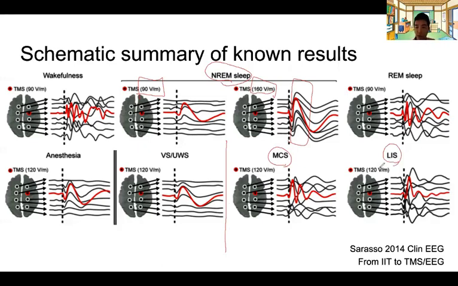Locked-in syndrome is the one I showed in the earlier videos; they are fully conscious but just cannot move, and they are almost like wakeful subjects. Minimally conscious patients fluctuate in conscious states, but when they are tested in a conscious state, they show similarly complex TMS evoked EEG patterns.